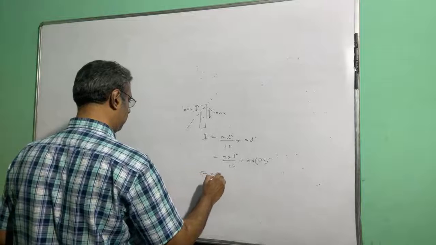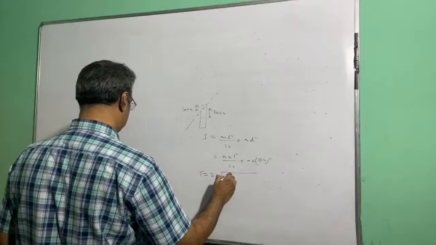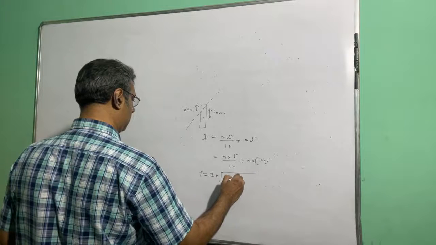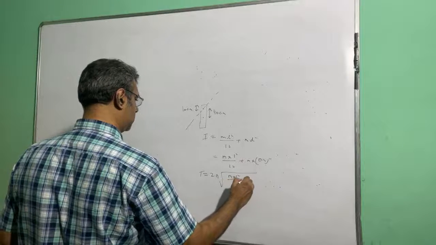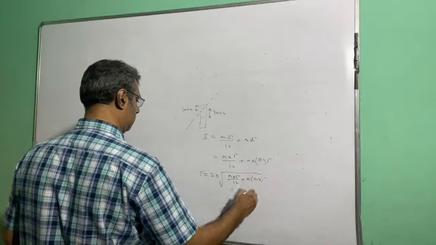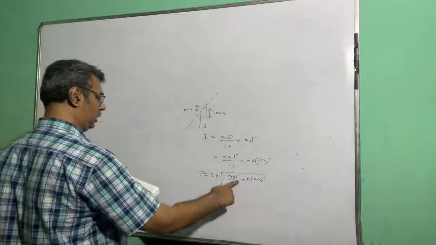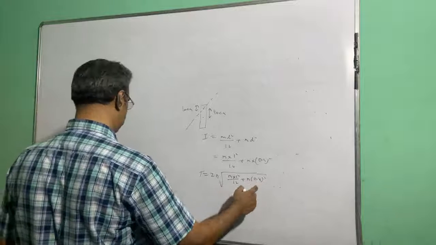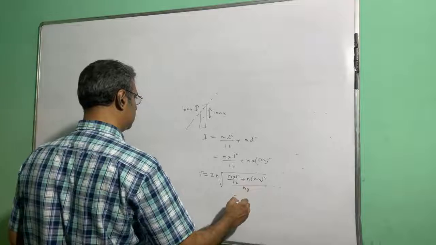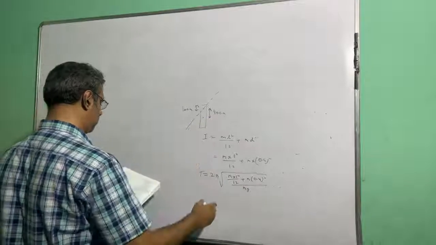So the time period will be 2 pi root over, and then you just take this moment of inertia, m into 1 square by 12 plus m into 0.4 square, and you divide it by mg into the distance.